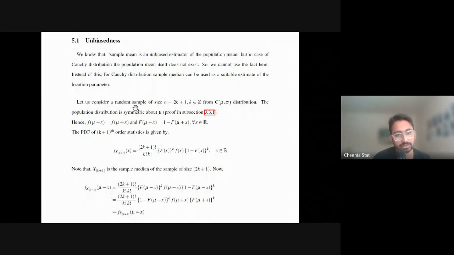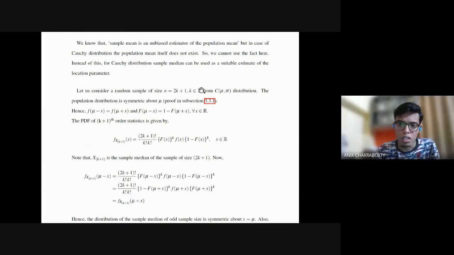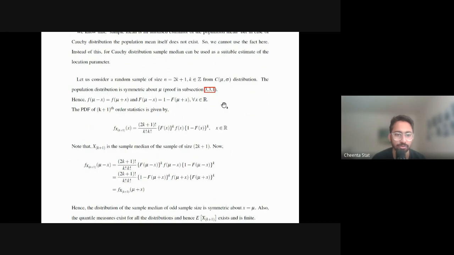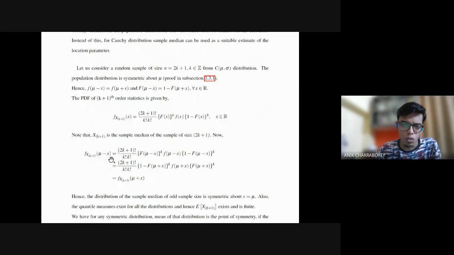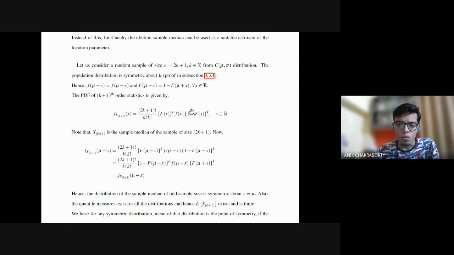So how do you estimate this? By order statistics. The sample median, I have shown it for odd sample size. So you have found the order statistics distribution. The median becomes X_(k+1).